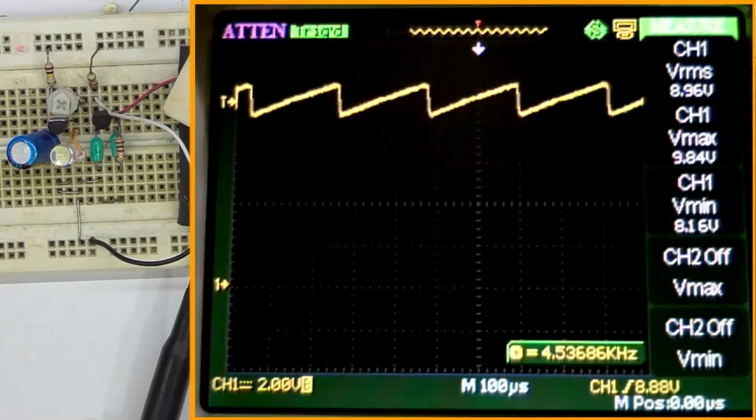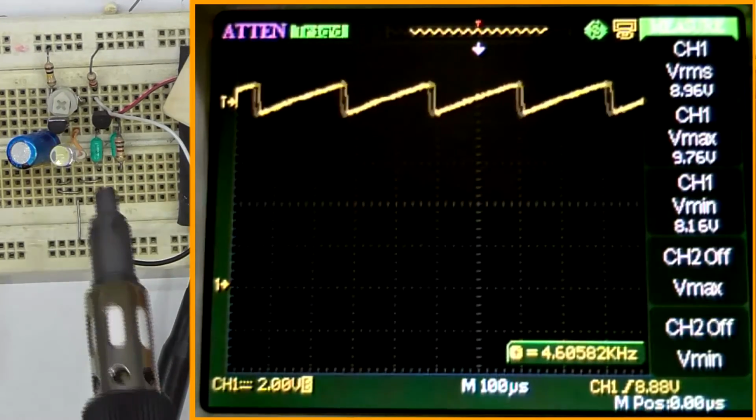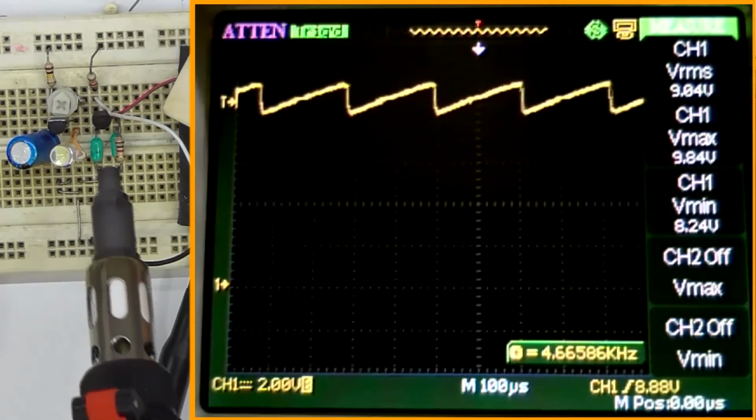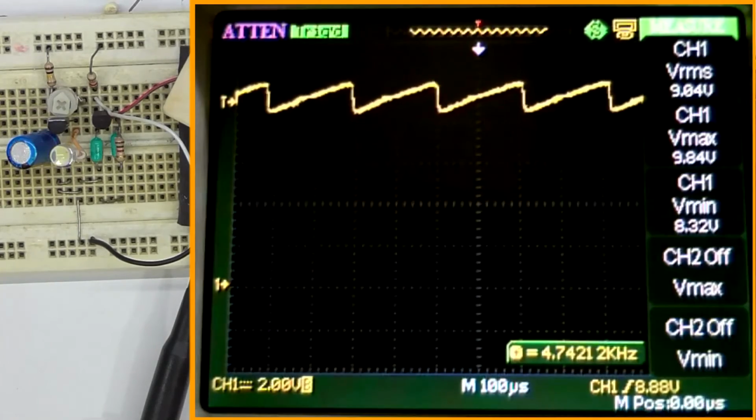There we go, 4.5, 4.6, 4.7. Come those down again.